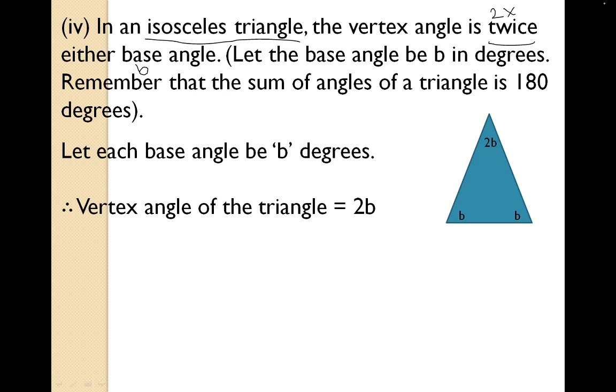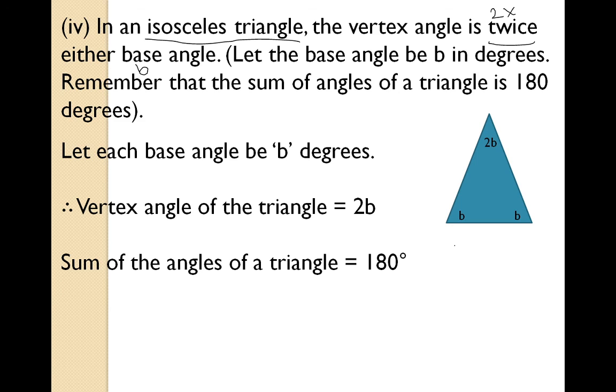Now vertex angle means what? Dear students, when these two sides of a triangle come and meet at one point, that point is known as a vertex. So this angle is also known as the vertex angle in point of view of these base angles.